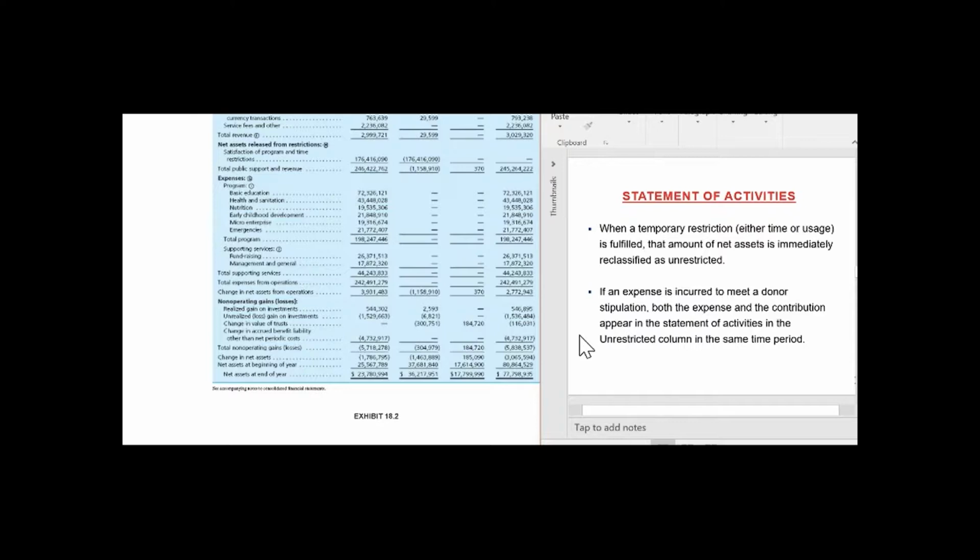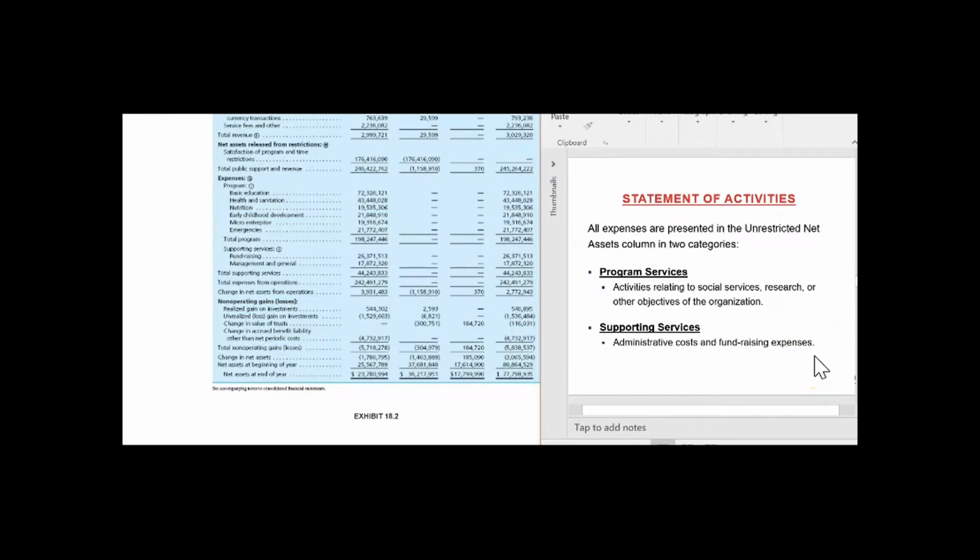And if an expense is incurred to meet a donor stipulation, both the expense and the contribution appear in the statement of activities, and must be reported in the unrestricted column in the same period.